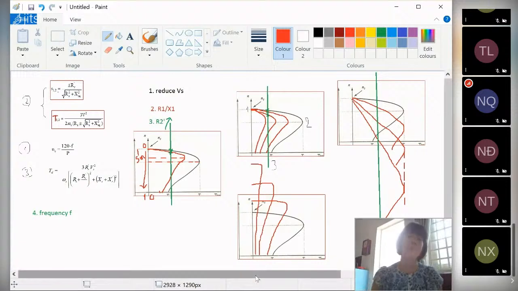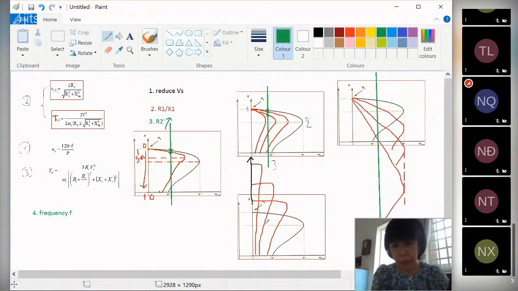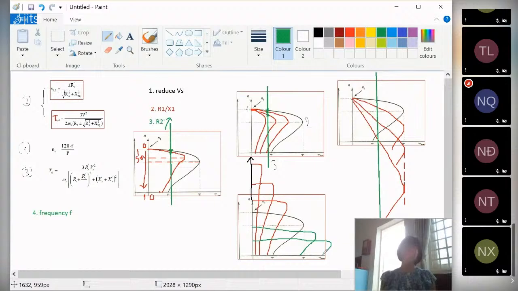Do you agree with me? Similarly when you reduce the frequency, you have the artificial response like this.